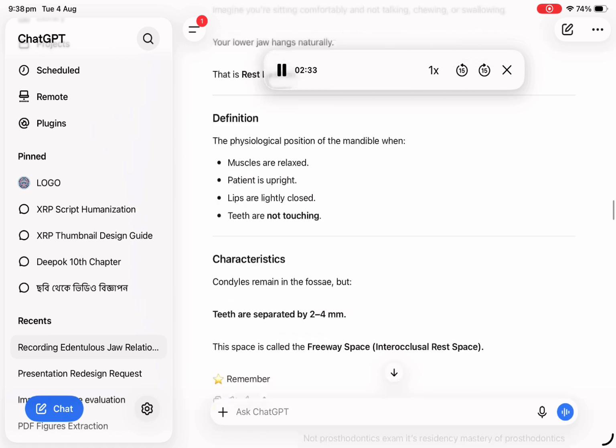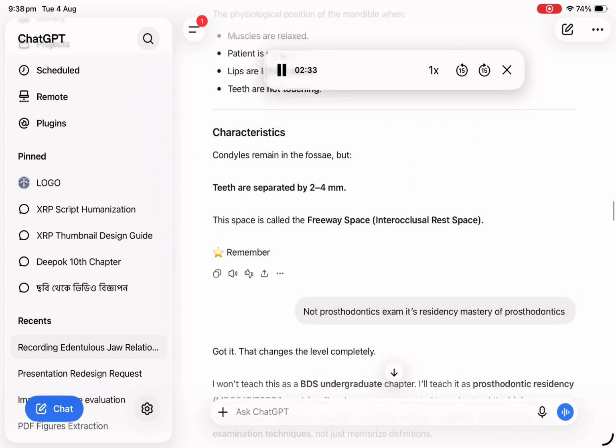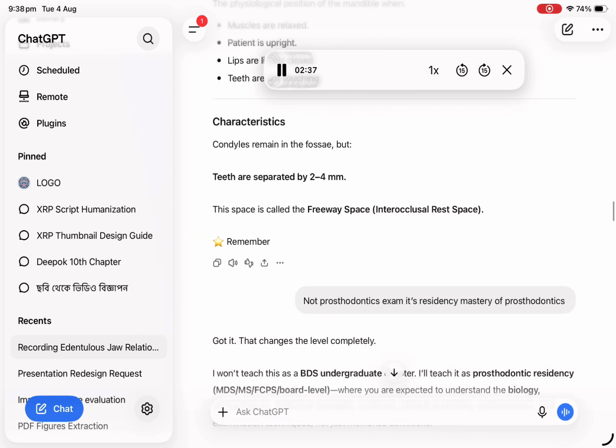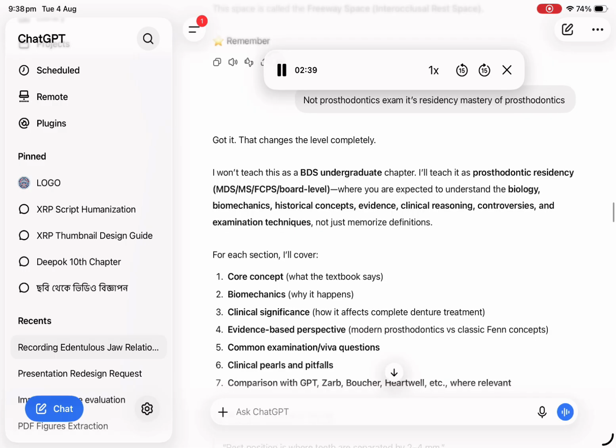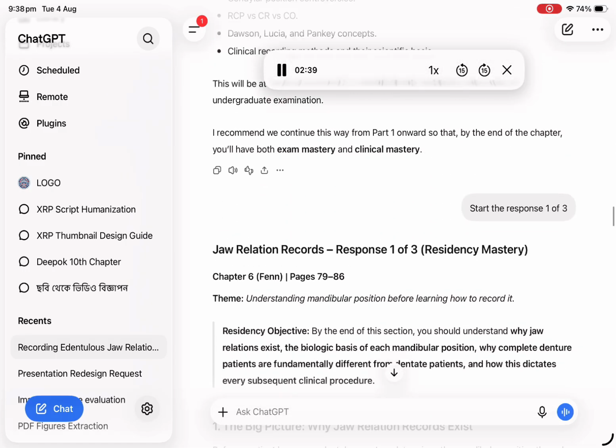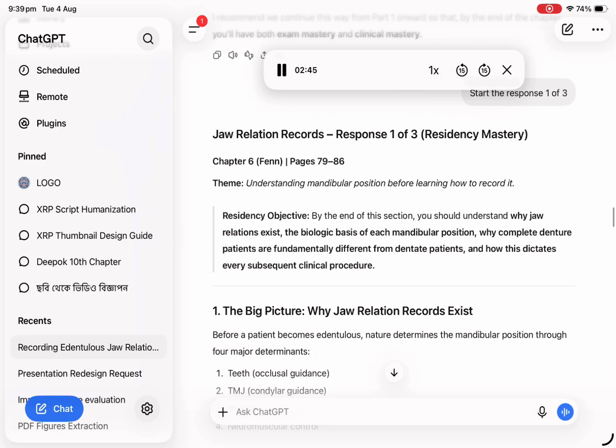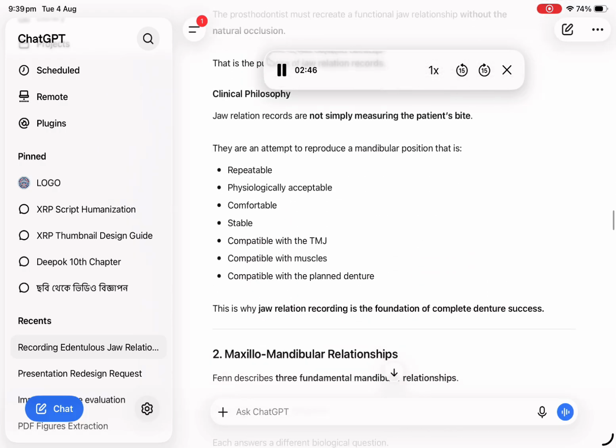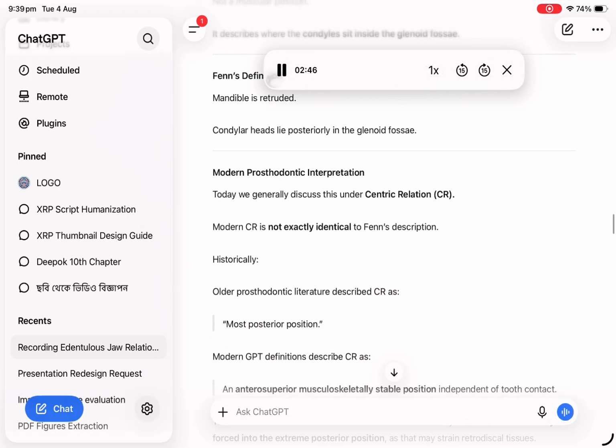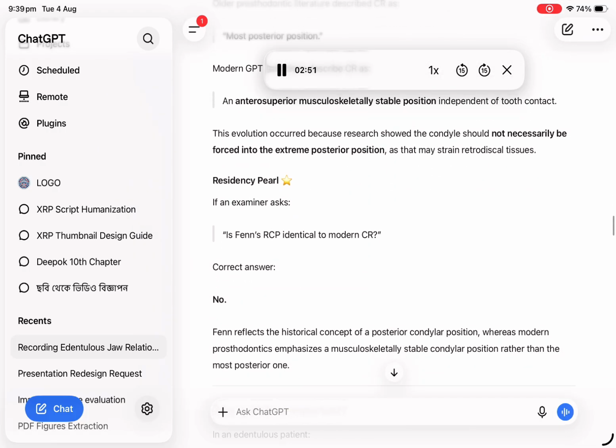Residency Pearl. If an examiner asks, "Is Fenn's RCP identical to modern CR?" Correct answer: no. Fenn reflects the historical concept of a posterior condylar position, whereas modern prosthodontics emphasizes a musculoskeletally stable condylar position rather than the most posterior one.